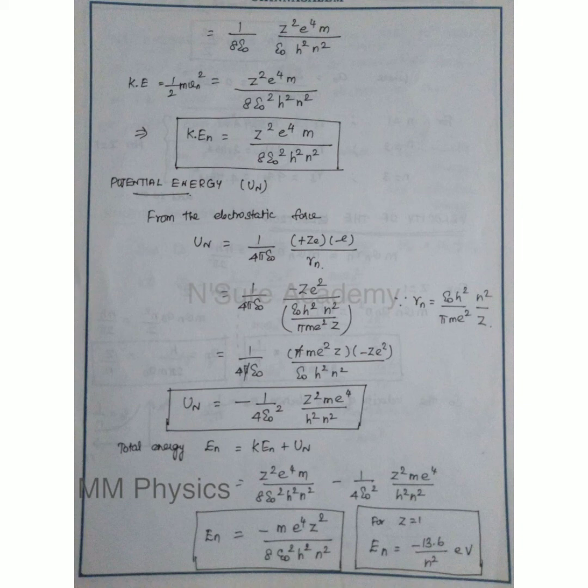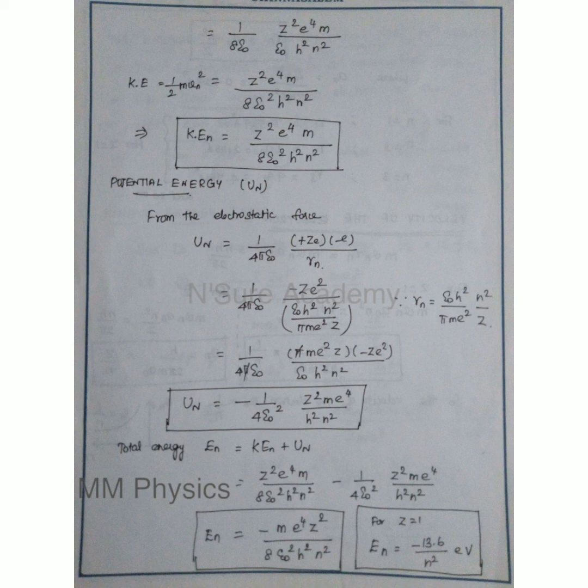So the total energy En is equivalent to the kinetic energy of the nth orbit plus the potential energy of the nth orbit. Substitute both the values, take LCM, you will get En is equivalent to minus m e power 4 Z square divided by 8 epsilon naught square h square n square. Here we are considering Z as it is.